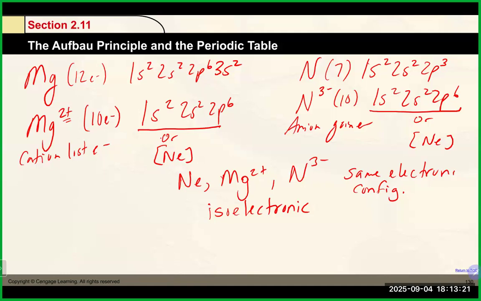The other important thing about that, and we'll touch upon it really in the next chapter as well, is if we think about what happens if we just look at the periodic table, we have our neon right about there, and we have our nitrogen before, and then obviously we have our magnesium after.